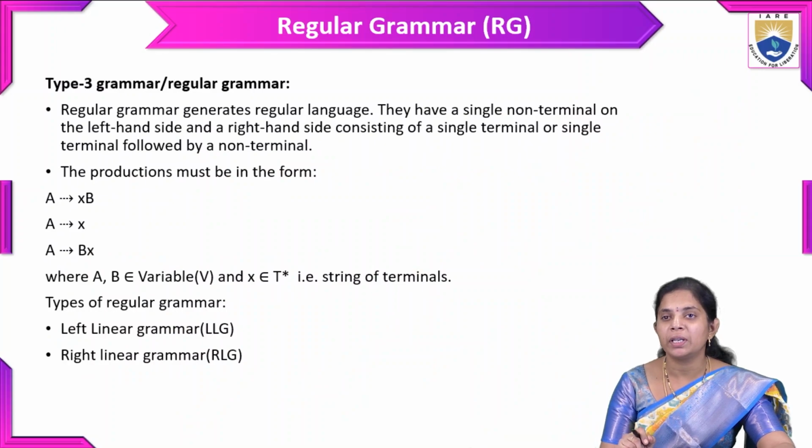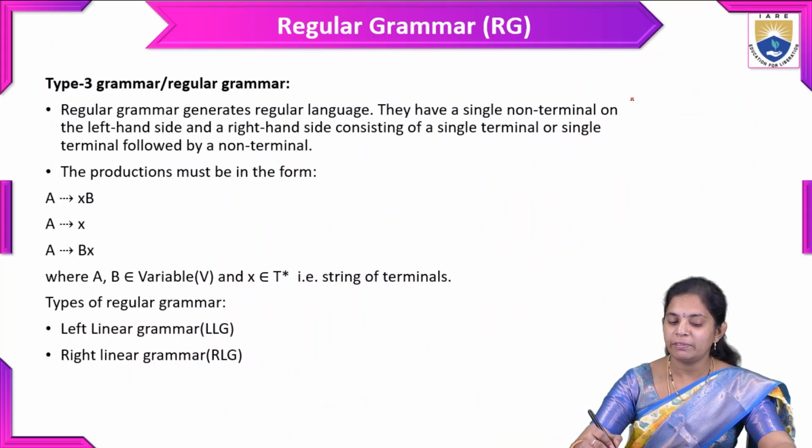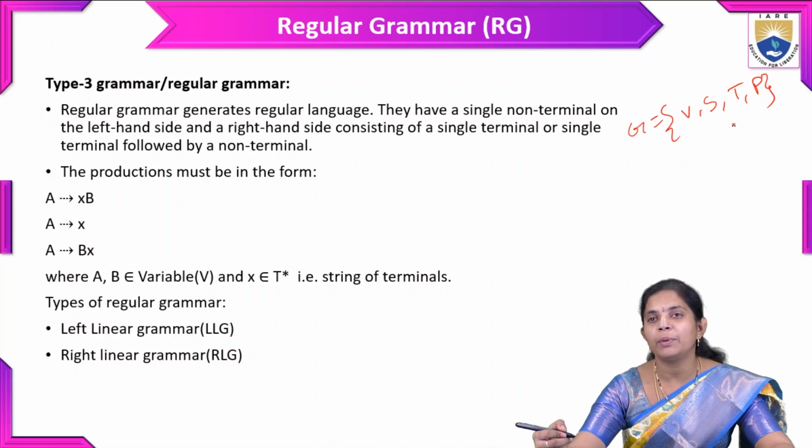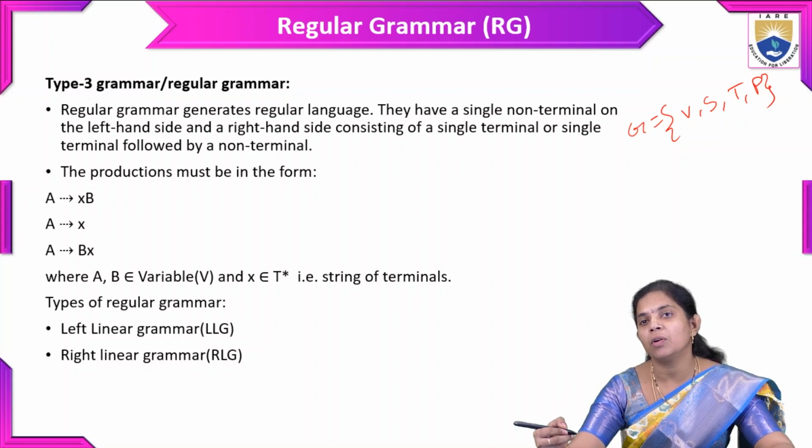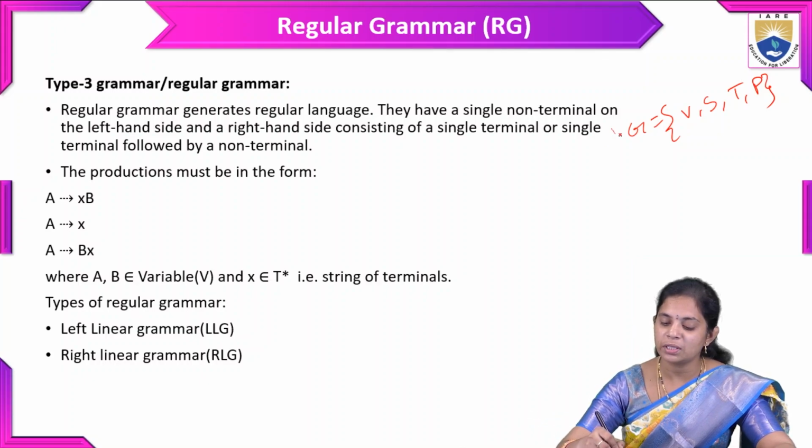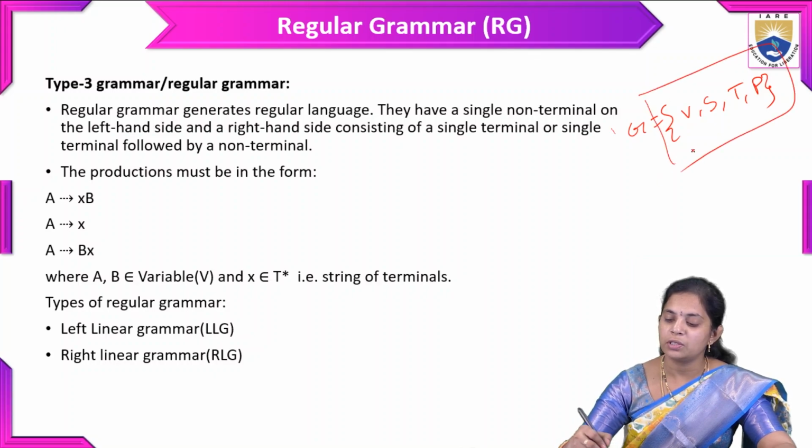And what is meant by regular grammar? Generally, grammar has a four-tuple notation: G is equal to (V, S, T, P). For every grammar, whether regular grammar, context free grammar or unrestricted grammar, whatever the language or grammar is, we have to represent it in the four-tuple notation.